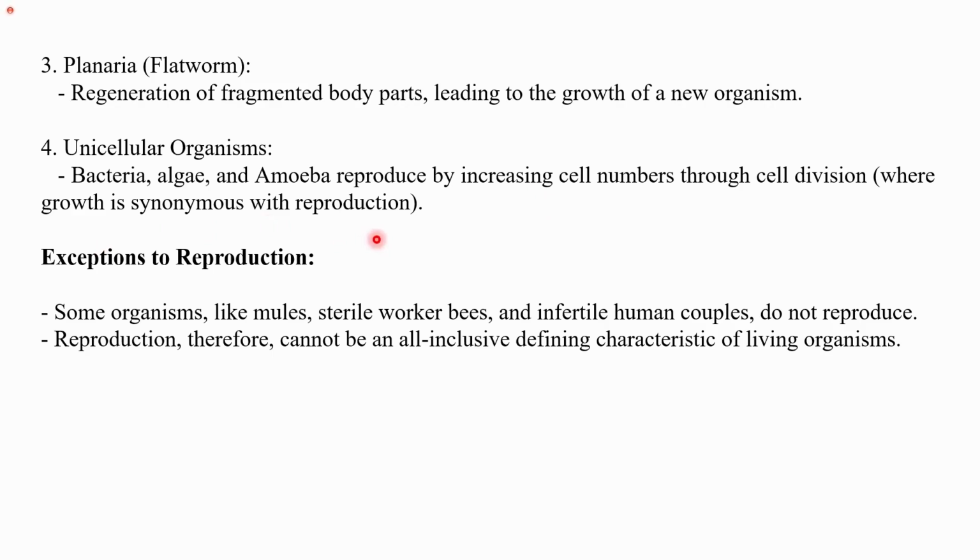Now, someone might say that there are certain organisms that are living due to other parameters that define living organisms, but they are not able to reproduce. So there are certain exceptions to this reproduction parameter, for example mules, sterile worker bees, and infertile human couples. These do not have the ability to reproduce.